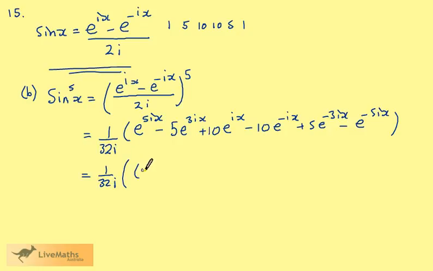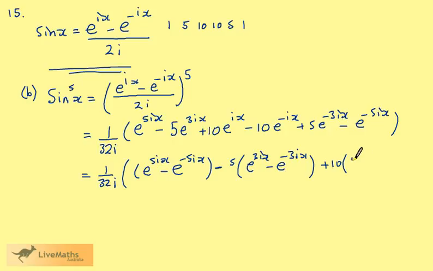We want to have the e to the 5ix, take away e to the negative 5ix, take away 5 lots of e to the 3ix, take away e to the negative 3ix, and finally 10 lots of e to the ix, take away e to the negative ix.